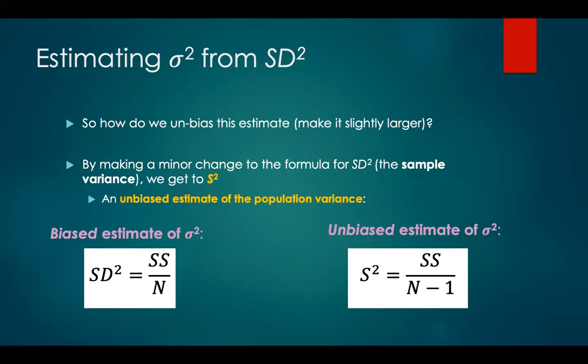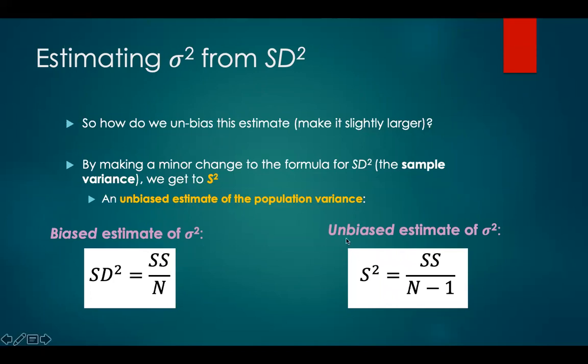Well, by making a minor change to the formula for SD squared, the sample variance, we get to S squared, which is an unbiased estimate of the population variance. This is the formula we knew before, which is a biased estimate of the population variance, or simply the sum of squared deviations divided by n, or the sample size.